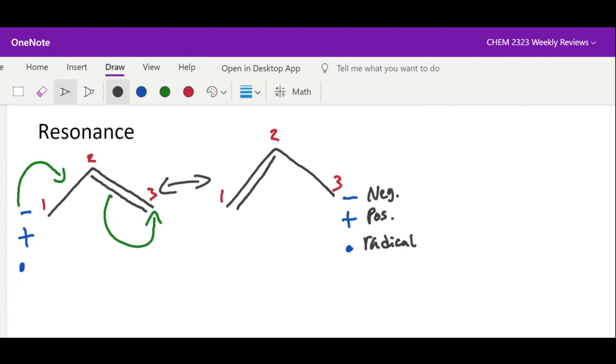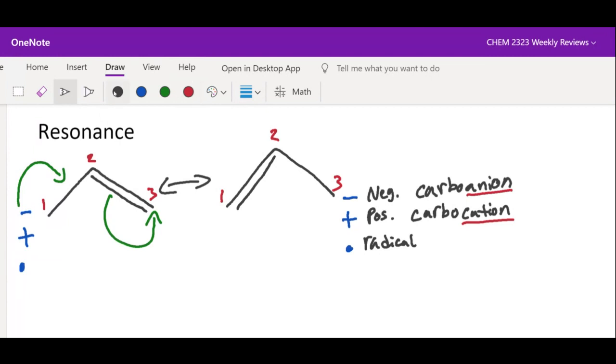But the negative and positive also have an organic chemistry term. This is called a carbanion and a carbocation. The terms cation and anion should be familiar from general chemistry.